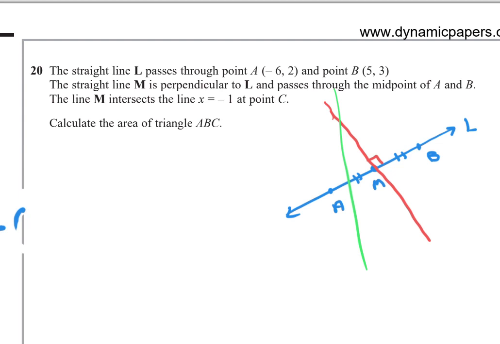For example, this is our line x equals -1. It intersects the line M at the point C. We need to find the area of triangle ABC.